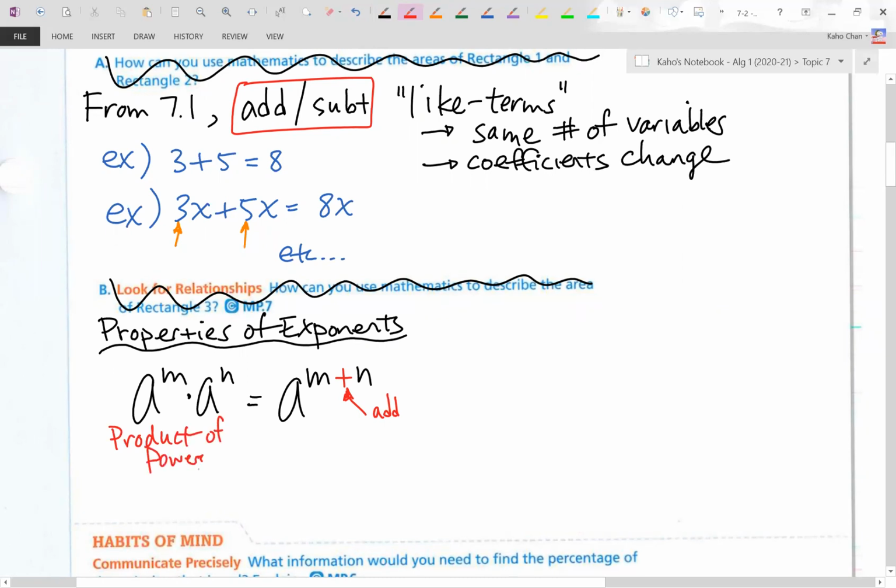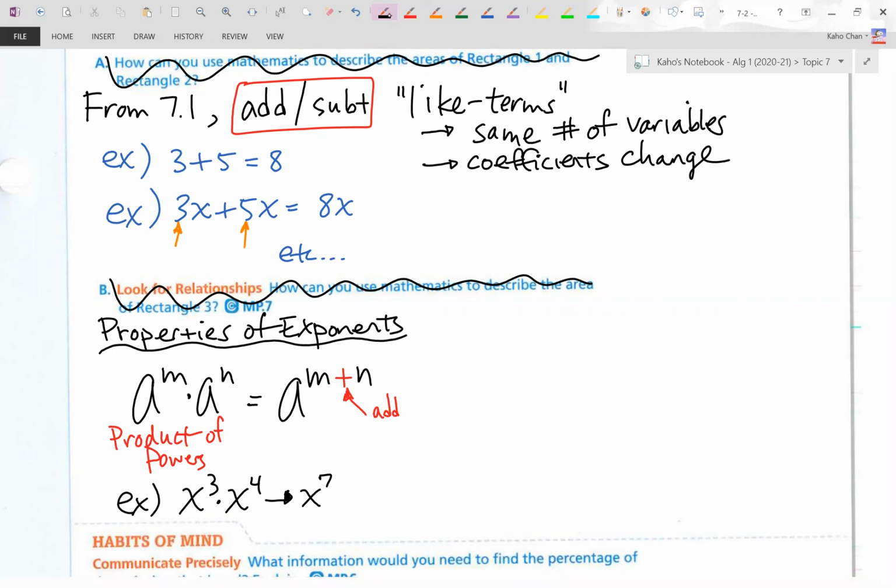This only works if the base is the same. Keep that in mind. Quick example would be like this. x to the third times x to the fourth becomes x to the seventh, okay? Likewise, division might play a role in this particular section.